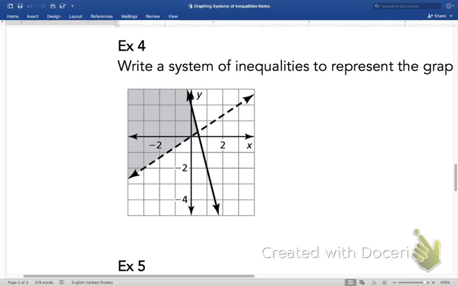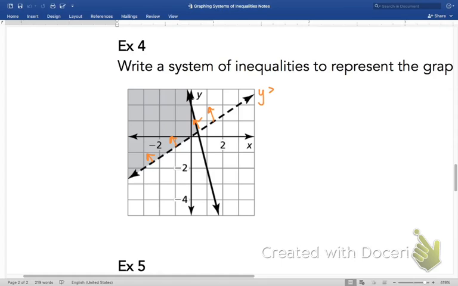So if I just look at the dashed line, first off, are we above the dashed line or are we below the dashed line? Where's it at? Isn't it above? It's above here. Okay? It's above the dashed line. So if I'm going to write the inequality of the dashed line, it's just going to be y greater than. Is it going to be greater than or equal to? Greater than.